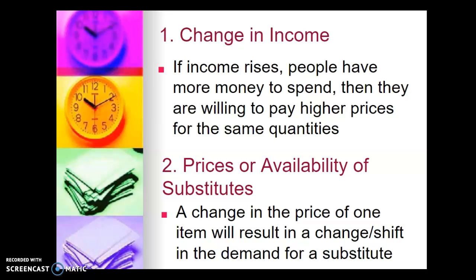Okay, and that availability and price of a hamburger would determine whether or not you eat that or stay with the $10 steak. So again, a change in the price of one item will result in a change or shift in the demand for a substitute. If the steak increases in price to $10, the demand would change for your hamburger. It would shift to the right. It would increase because the hamburger would be a substitute for a steak.